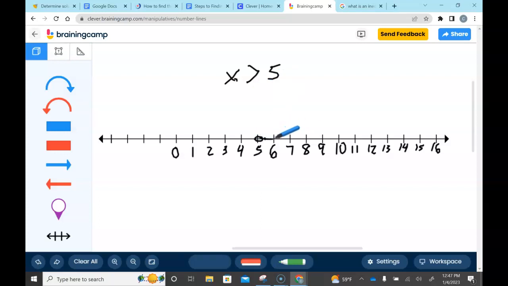And then you'll fill all the rest of the number line going to the right, representing the x. We don't know what x is. All we do know is that x is going to be greater than 5. So this is how you would represent this inequality on a number line. Now I know in the book it has the line right above the number line, but that's just to show you where it goes. It needs to be right on the number line as you're completing these types of problems.